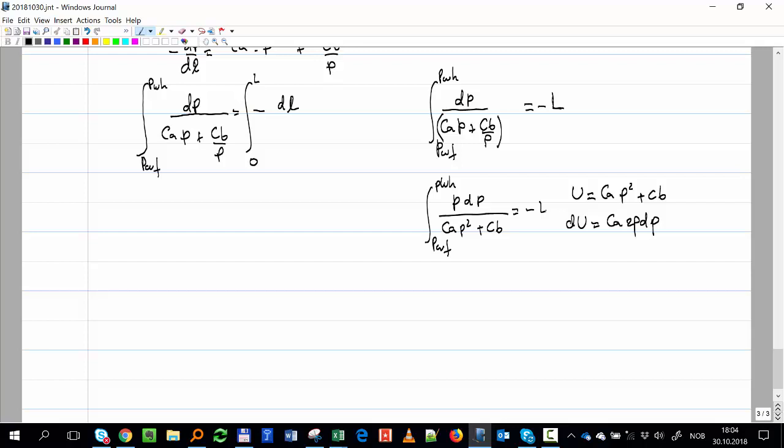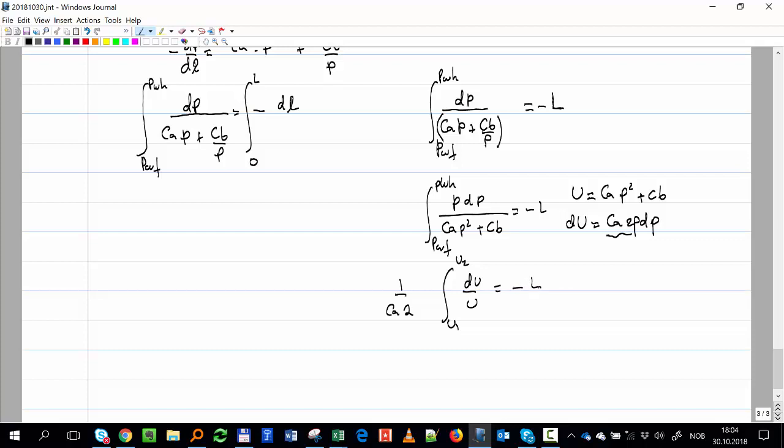When I substitute, I have to use a trick, because I don't have this factor. So I have to divide by 1 over Ca 2, and I get du over u, and here I have to integrate from u1 to u2, from the bottom of the tubing up, that will be minus L.